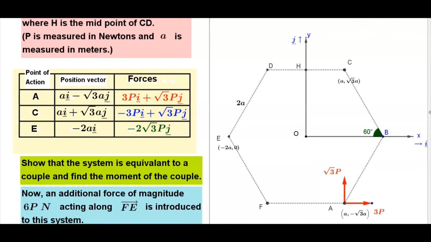The other force, at C, is along the i direction minus 3P, along the j direction root 3P. Along the i direction minus 3P, or we can say opposite to the i direction 3P. Both are the same.